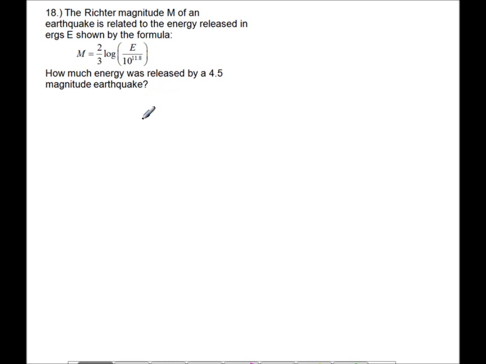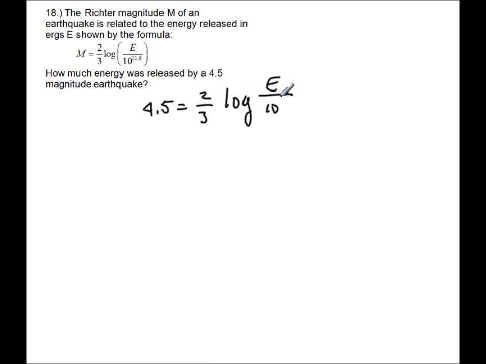Well, we did some problems with this, and what we have to do is substitute 4.5 in for M equals 2/3 log E divided by 10 to the 11.8, and what I want to do in this problem is figure out the energy, so I need to figure out what E is.